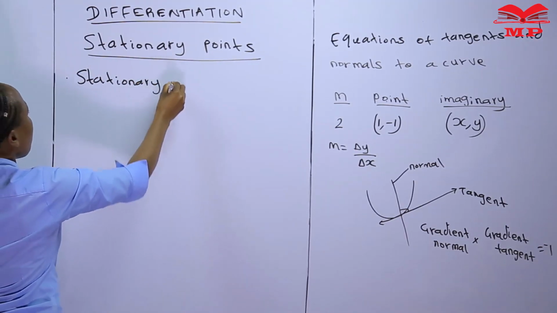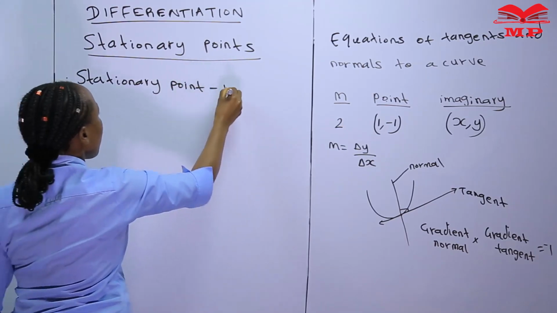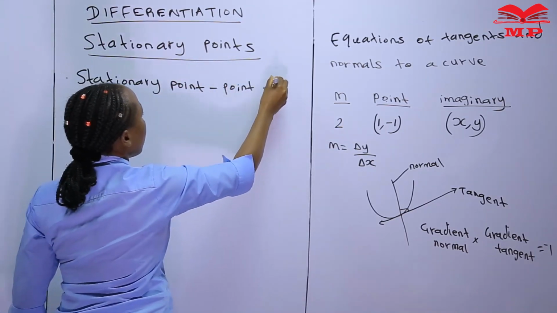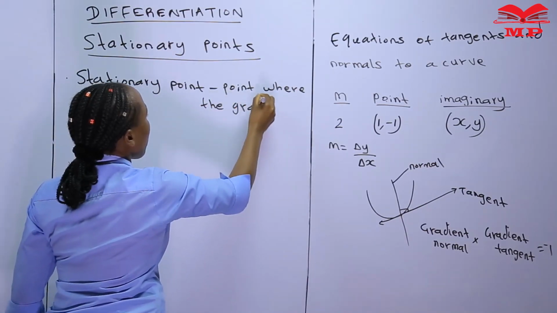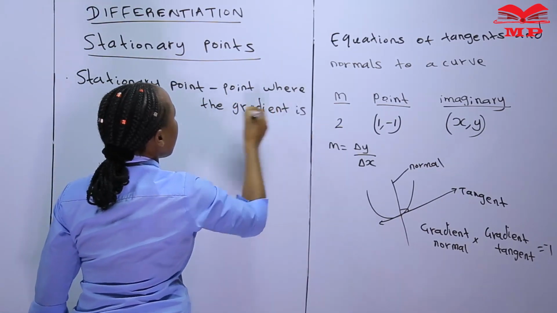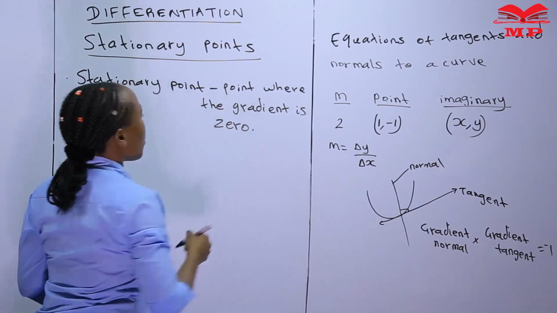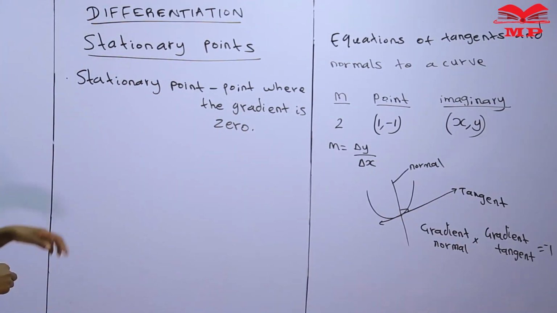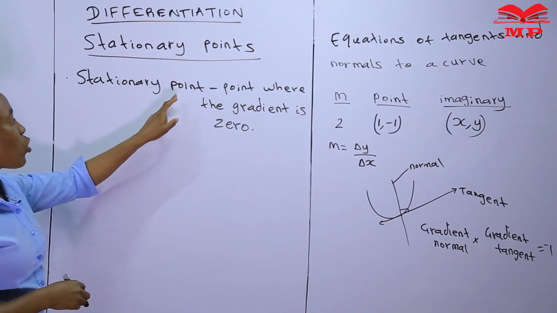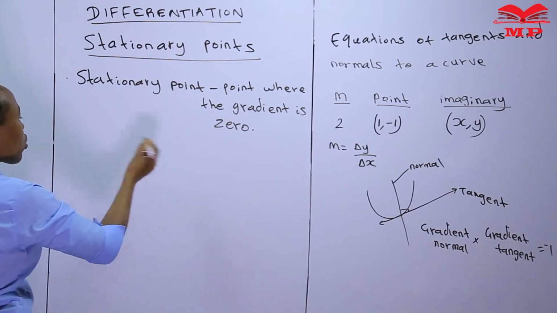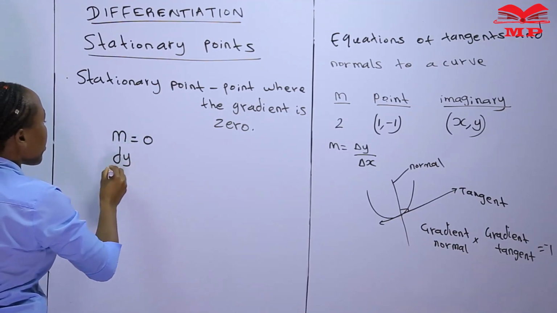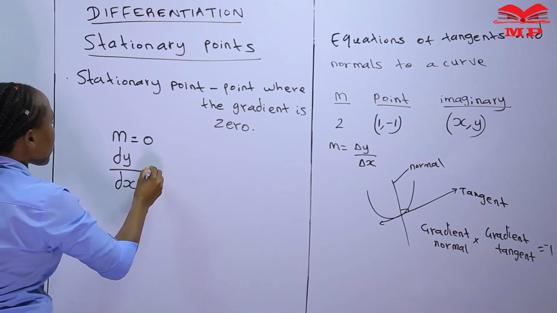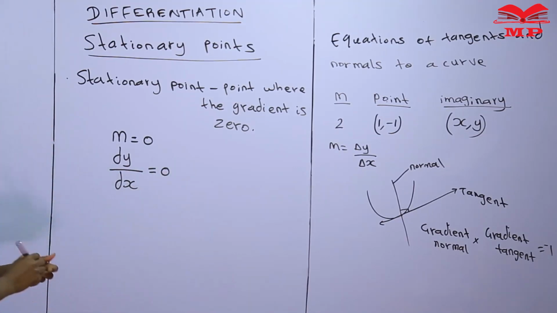A stationary point refers to a point where the gradient is 0. The point where the gradient is 0 is what we refer to as a stationary point. That is, when we are talking of the gradient, simply m is equal to 0, or simply dy all over dx is equal to 0.